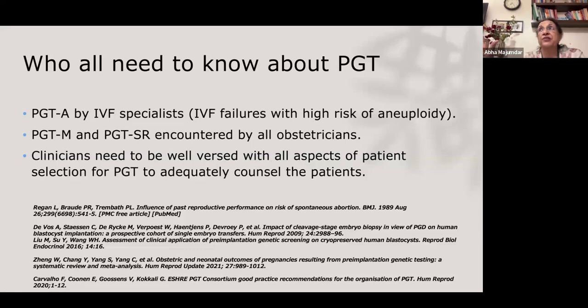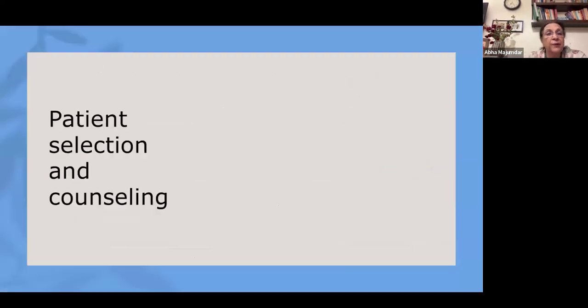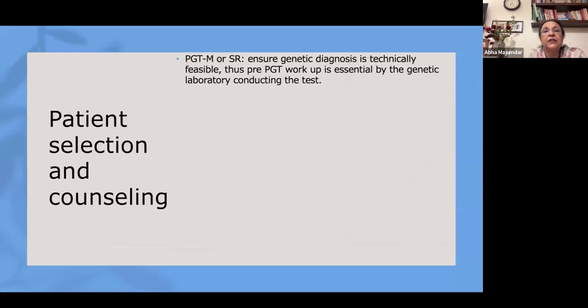So all obstetricians in today's world, if you are practicing modern advanced obstetrics, need to understand how to select these patients, how to identify them, how to move forward, and how to counsel them. In patient selection and counseling for PGTM or SR, ensure genetic diagnosis is technically feasible. Thus, a pre-PGT workup is essential by the genetic laboratory conducting the test.